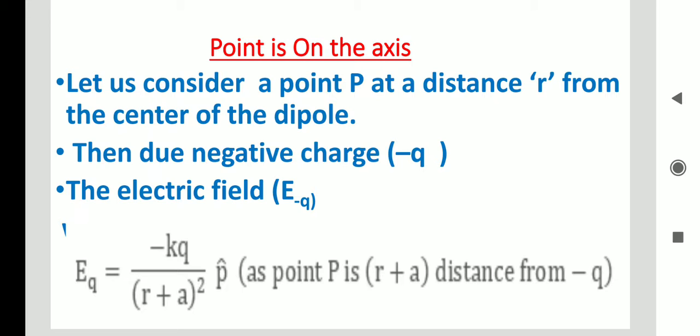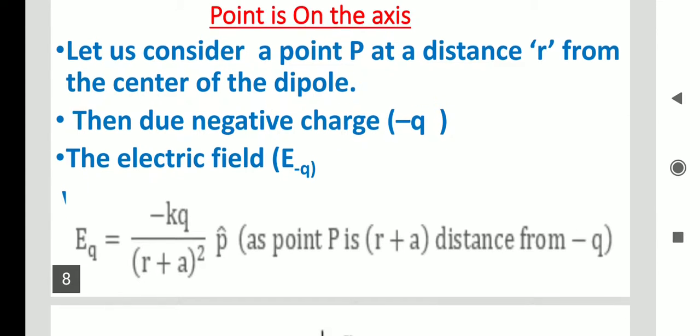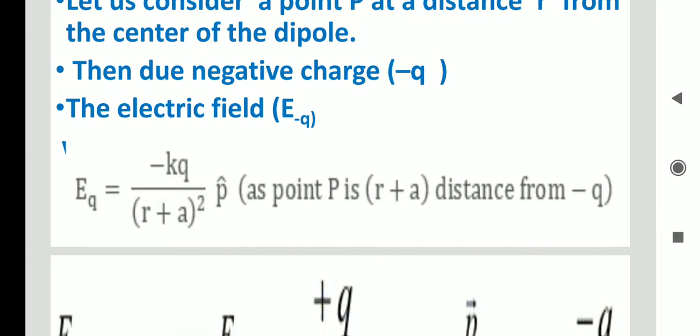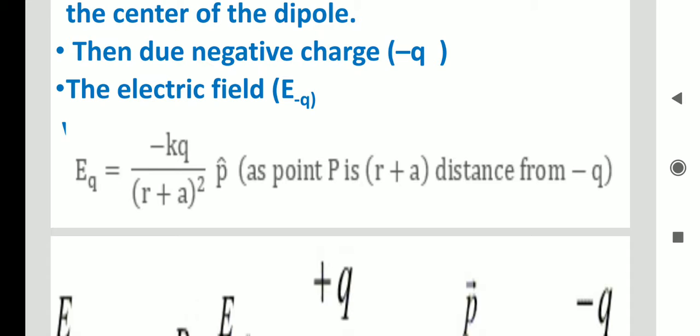Therefore, the electric field due to the negative charge is E minus q equals minus kq by (r plus a) whole square, p cap, where r plus a is the distance of the point from the negative charge.